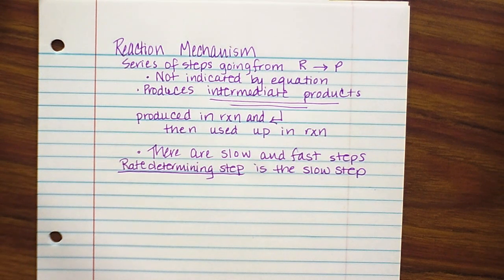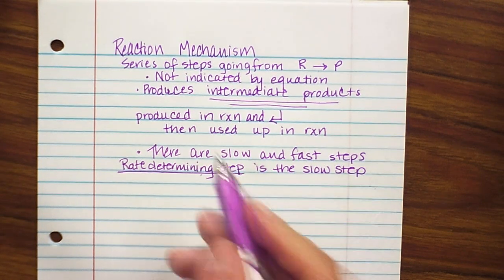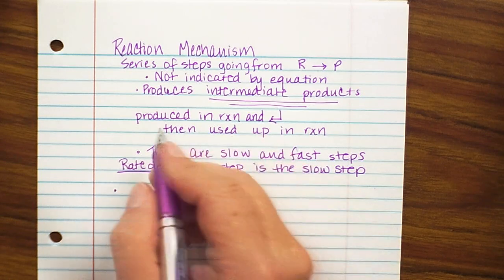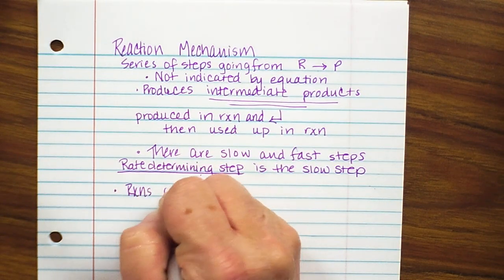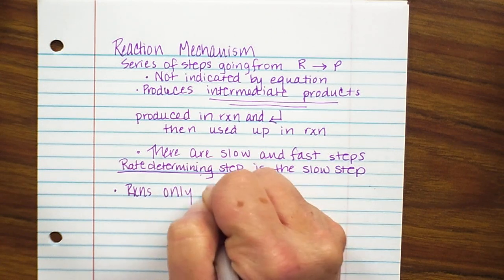So you can have a fast, slow, fast, and it doesn't matter how fast your first two steps are going. When you hit that slow step, the pace of that reaction is only as fast as that slow step goes. So the rate determining step is that slow step. So reactions only move as fast as the slow step.